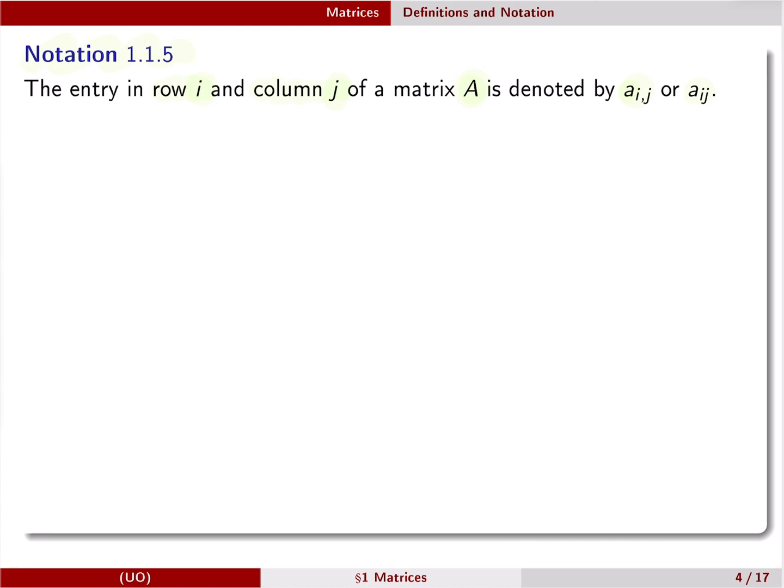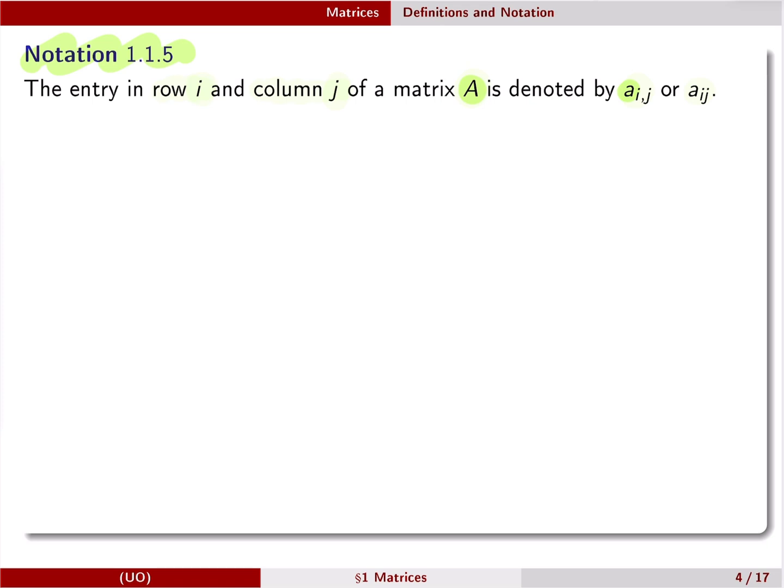Next up is some notation. If we are talking about a general matrix and we call it capital A, and we want to talk about the entries in that matrix, we're going to be using a lowercase a for those entries, but we want to be able to specify where they are inside that matrix. We're going to be using the row and the column to refer to their position.